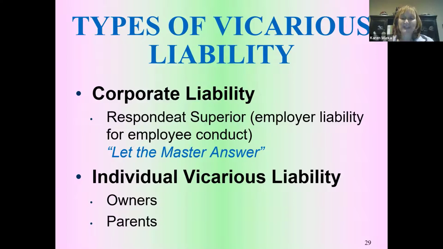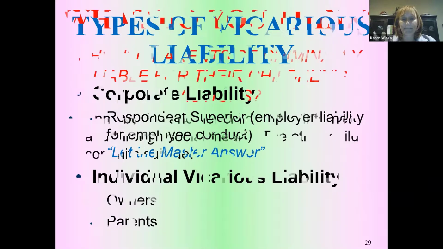The corporation itself is going to be responsible for those employee actions, even if they don't meet all of the requirements, that they knew what was happening and things like that. Okay. Now, a couple other times that you see it is like sometimes the owners of property can be vicariously liable for things that happen on their property, and parents sometimes are held accountable for what their children do. Those are situations of vicarious liability.